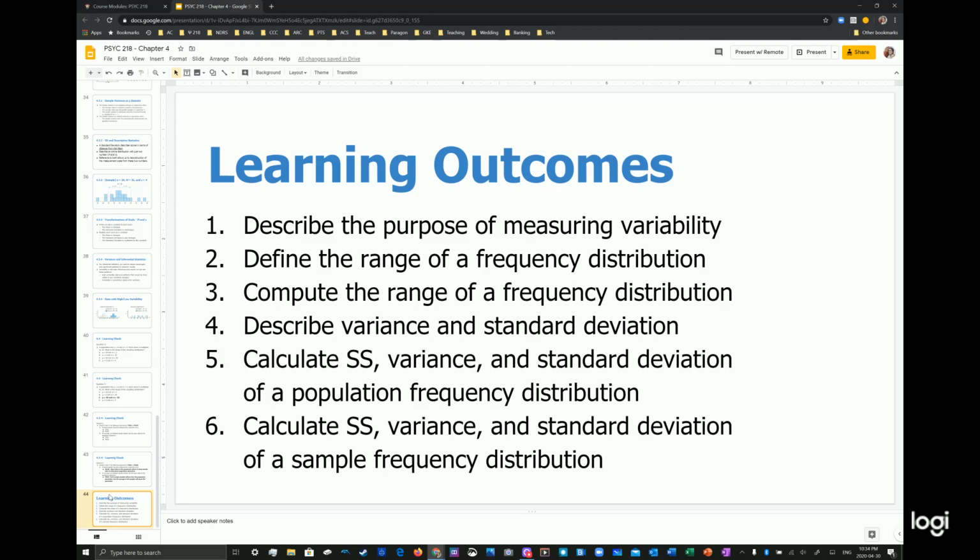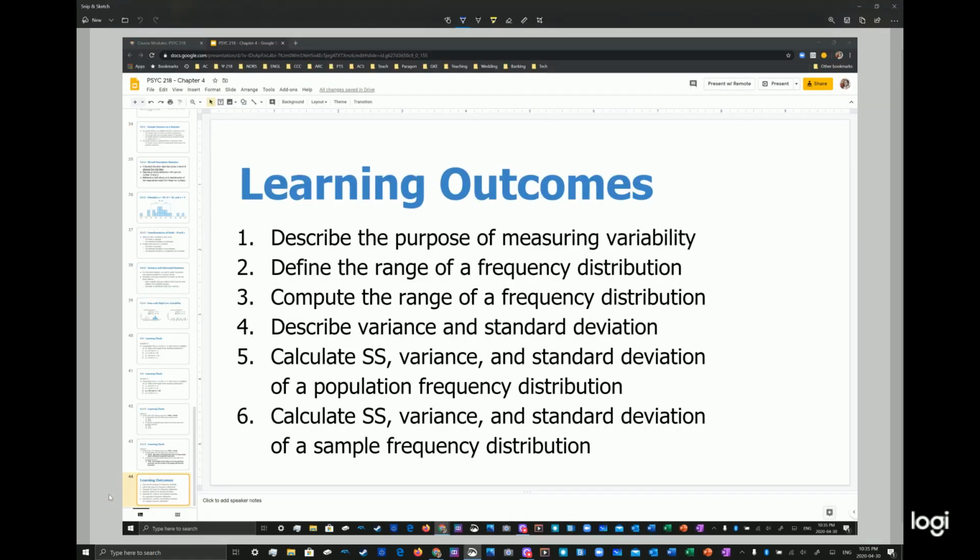In the last part here, we looked ahead to the other chapters, but in terms of learning outcomes, especially if you watched this far, after over 2 hours, I presume, remember what we talked about in terms of the 6 learning outcomes. We have described the purpose of measuring variability. We have defined the range of a frequency distribution and its limitations.